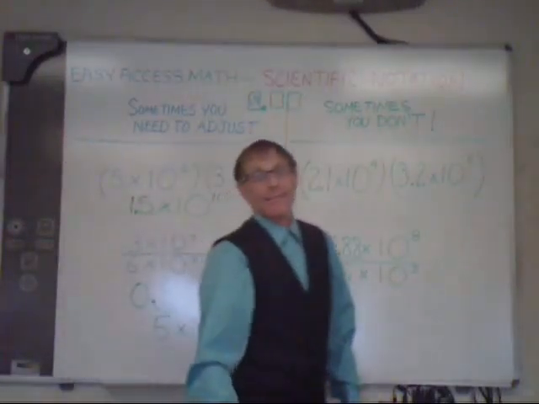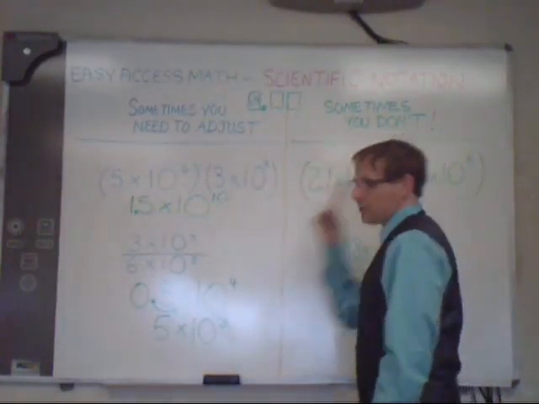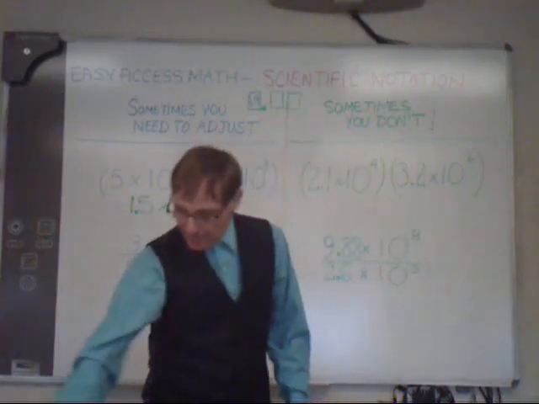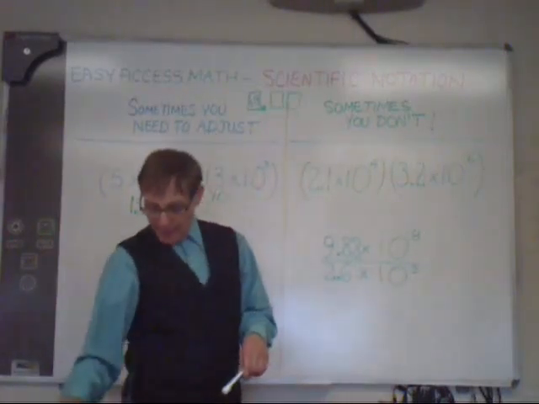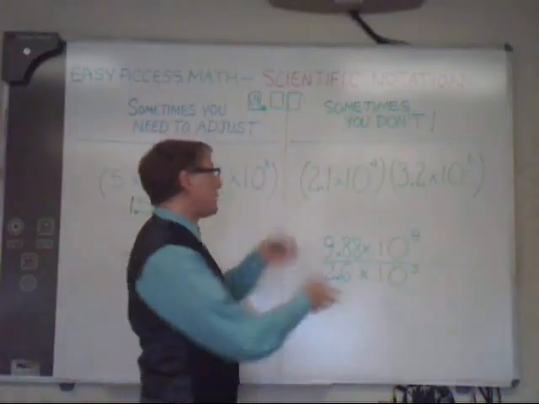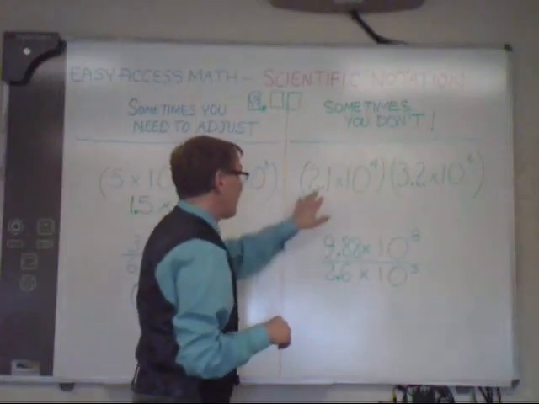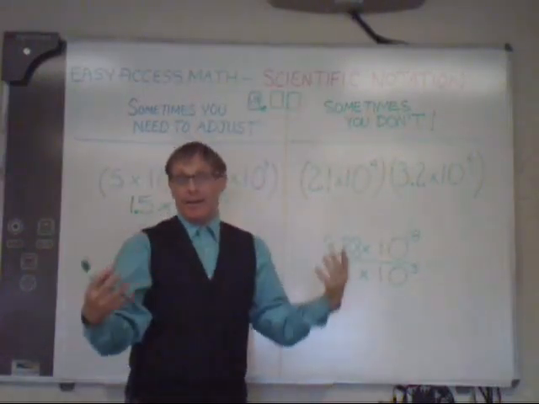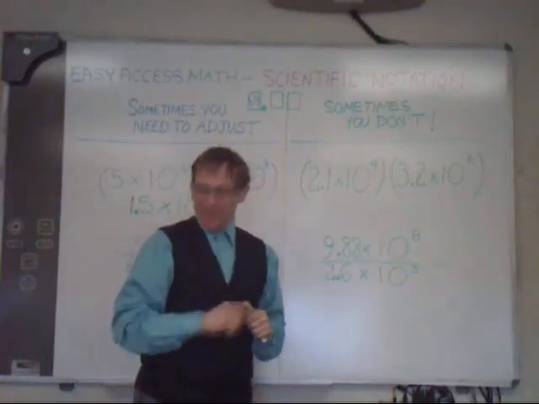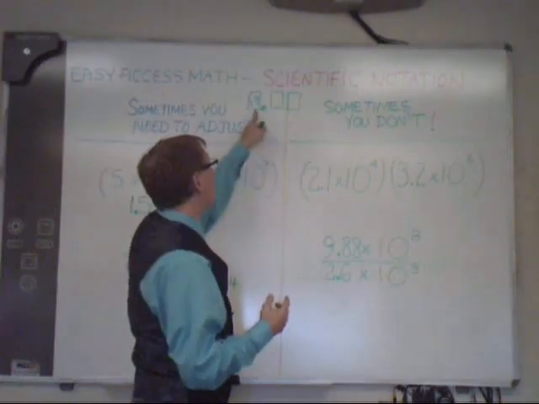Now, sometimes you don't. These won't need any adjustment, and I'll show you why. First, we have 2.1 times 3.2, and you may see it with decimals, but remember, look at the base numbers. It's a base number to start that fits, of course, because I gave them to you. But let's see what the answer comes to. Will the answer fit the format?